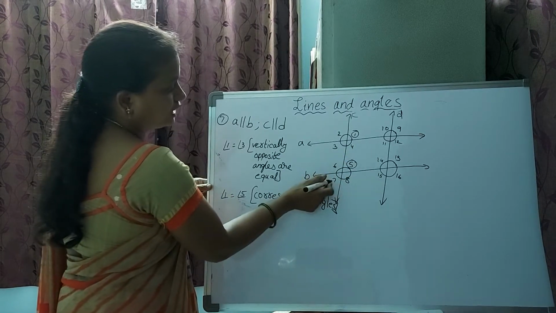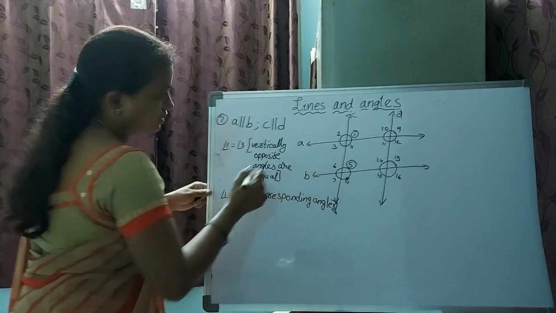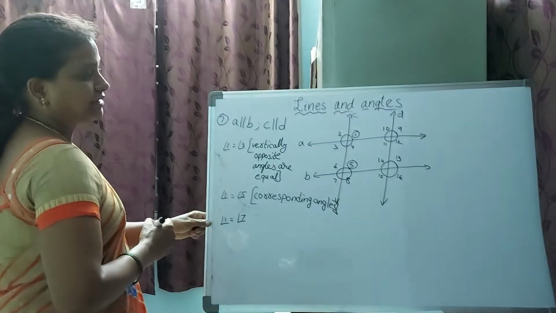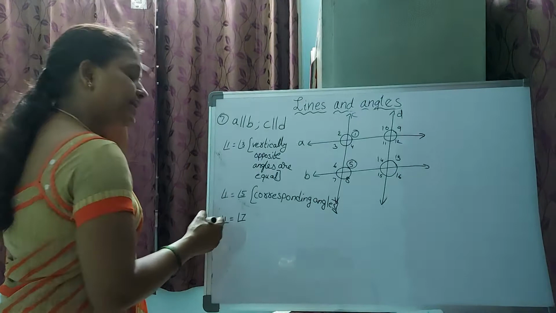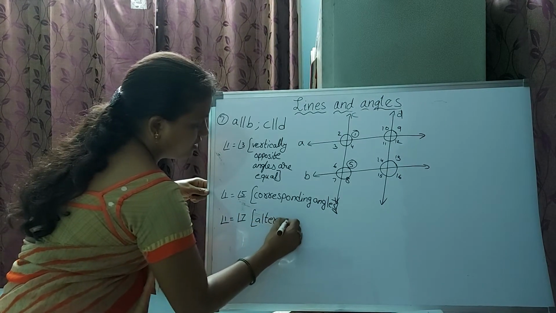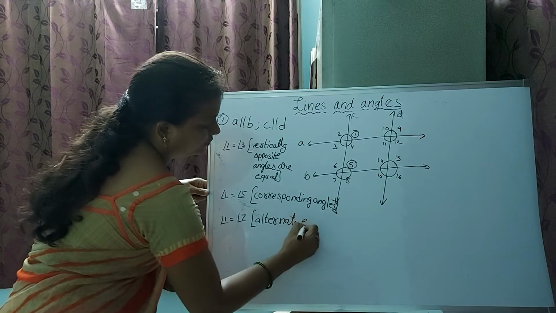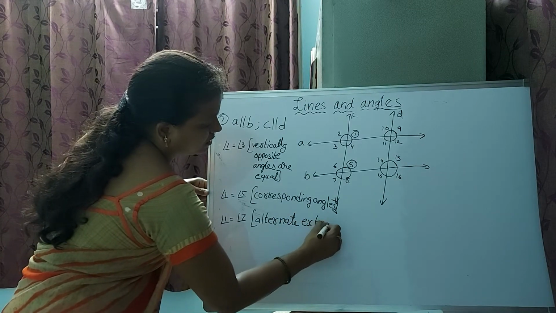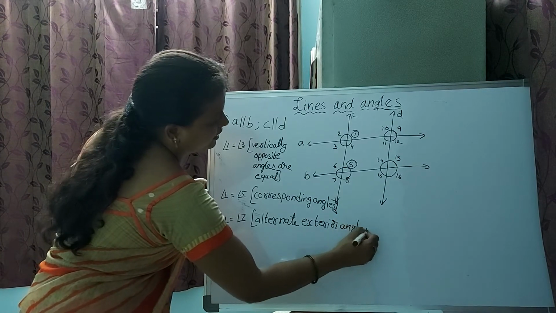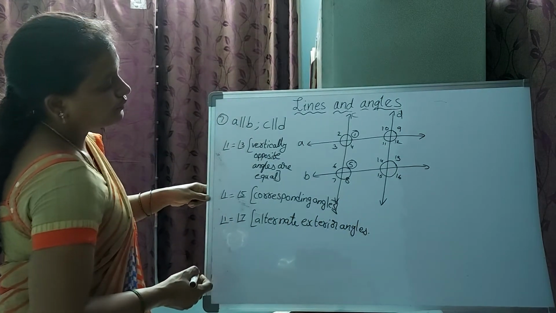Angle 5 is equal to angle 7, that means angle 1 is equal to angle 7, because alternate exterior angles.